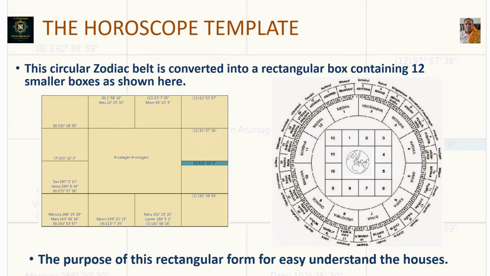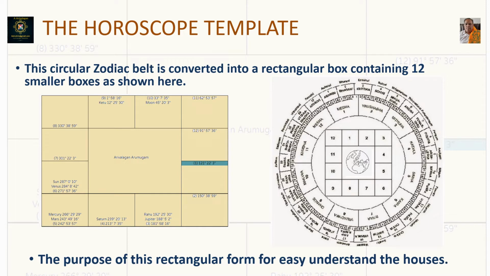This is the horoscope template. If you see on the right hand side, our zodiac belt has the stars first, then the Rasi houses, which are our imaginary segments of the 12 houses. Then these 12 houses are converted into a table with 12 boxes, and this is the template that we will be using for the horoscope.